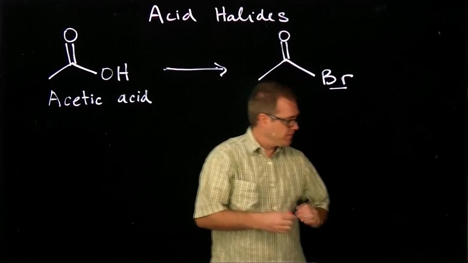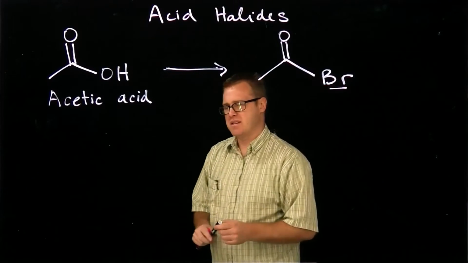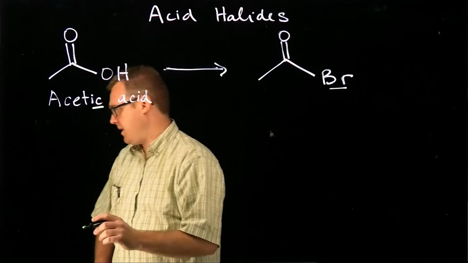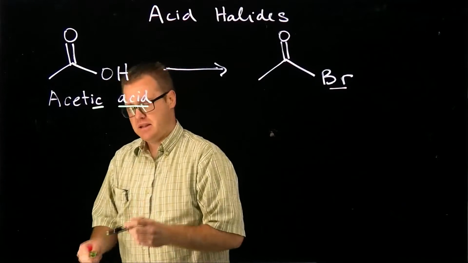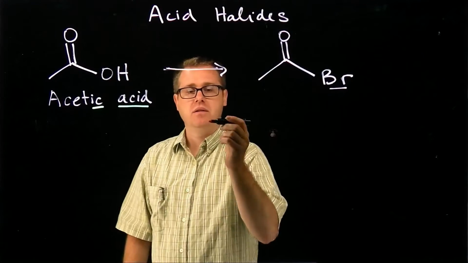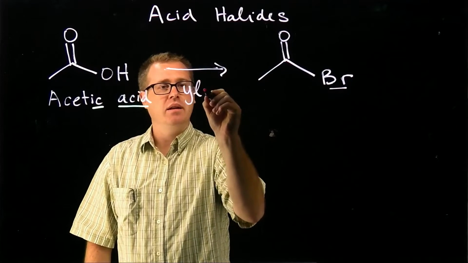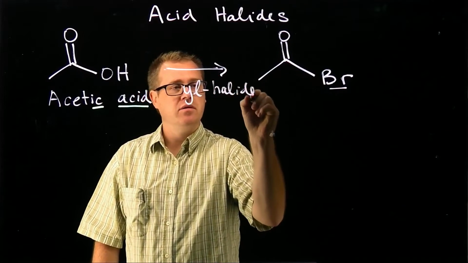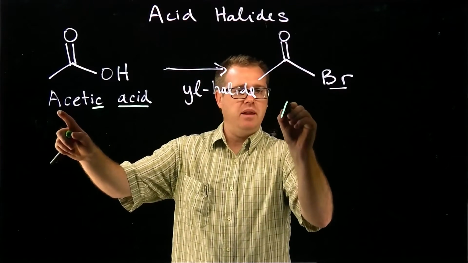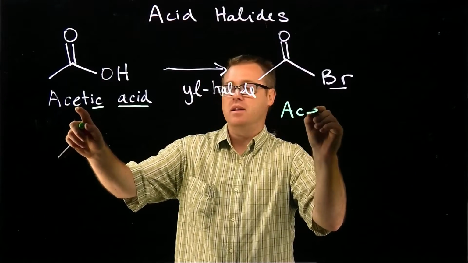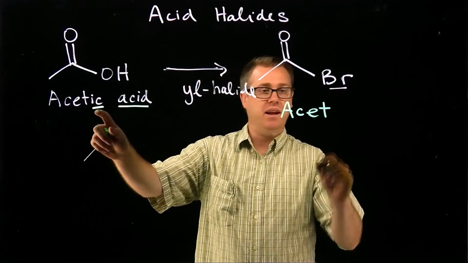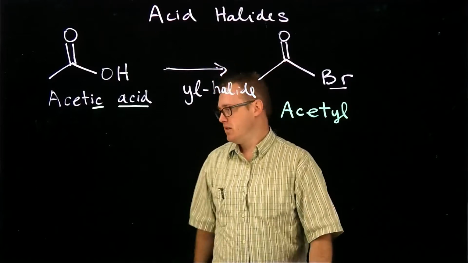So what you have to do, let's color code this to make it a little easier to see. You're going to take away the ic and the acid, and replace it with a yl and the name of your halide. So we keep the acet and we replace the ic with a yl.